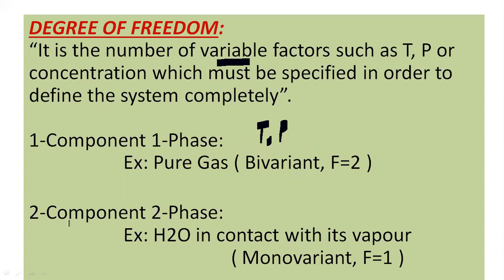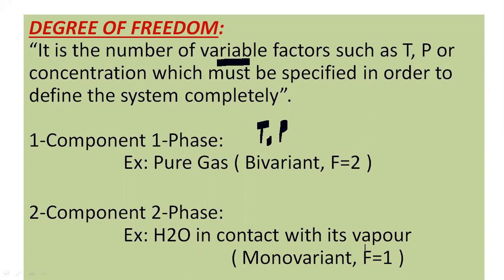In the same way, take another example, a two component, two phase system, where we take an example of water in contact with its vapor. This example depends on only one variable factor, therefore it is called monovariant, where the F value is equal to 1.